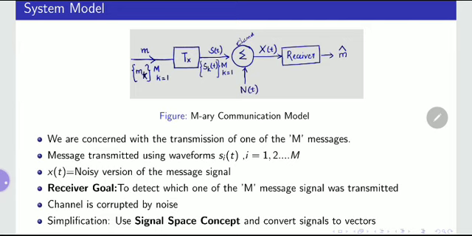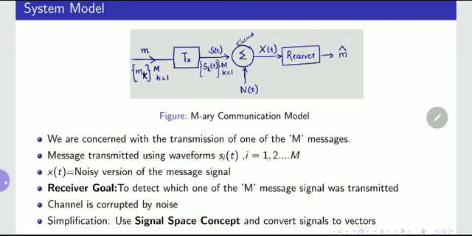So this is our system model. You have a transmitter. A message source generates a message M. Assume that we have a total of capital M messages that need to be transmitted.